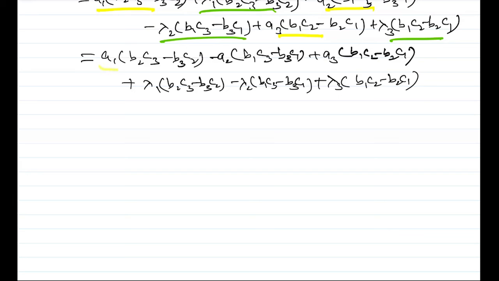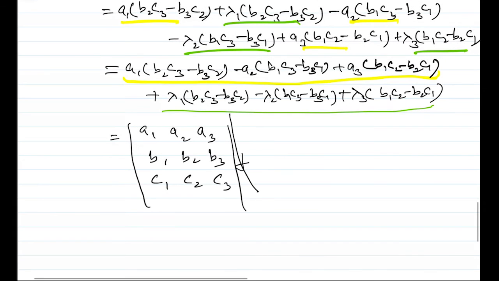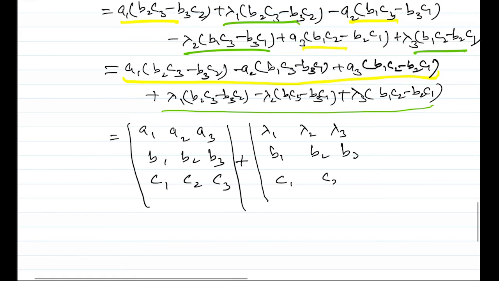Clearly, the first one can be written as the determinant with first row a1 a2 a3, and the second part, this one, can be written as the determinant with rows lambda 1 lambda 2 lambda 3, b1 b2 b3, c1 c2 c3. This verifies the fifth property.